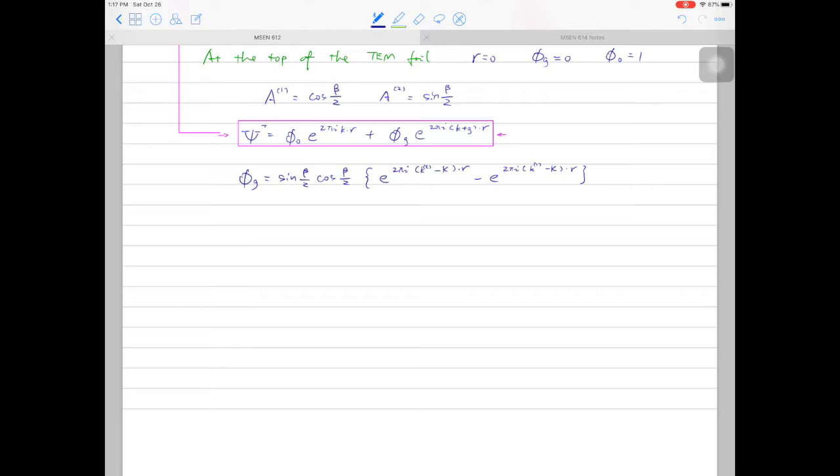This is the solution for phi g, and you can see phi g is a function of k2 minus k and k1 minus k. Since we are only considering the z component, z is either the sample thickness or how far the electron beam travels into the specimen.